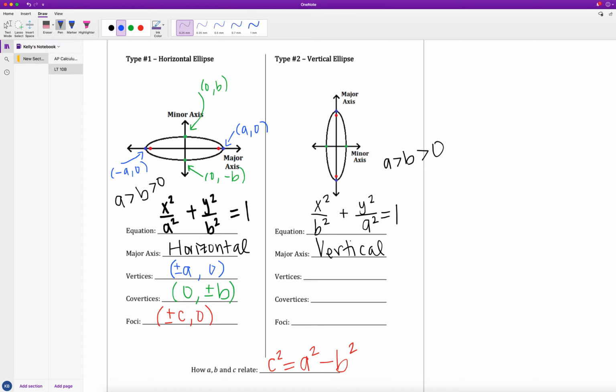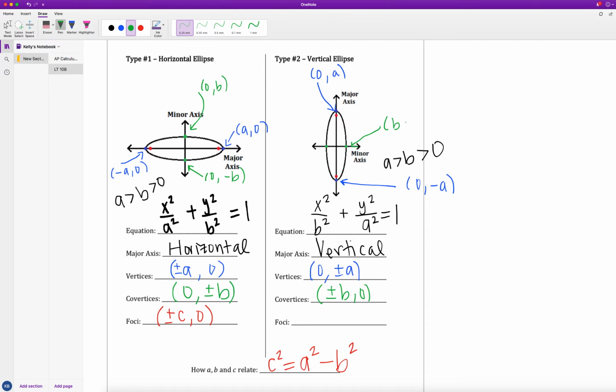So if I go to fill out the rest of these, I still have vertices that deal with the a value, but they are now at 0, comma plus or minus a, because they're on my y-axis. So there's 0, comma a, and then over here we have 0, comma negative a. Likewise, my co-vertices are still involving the b value, but they're at plus or minus b, comma 0, because they're on the x-axis.